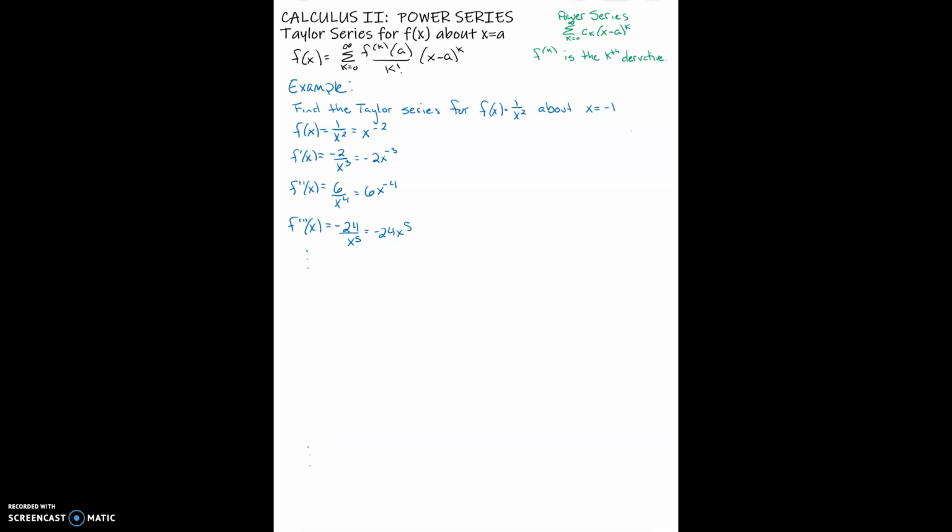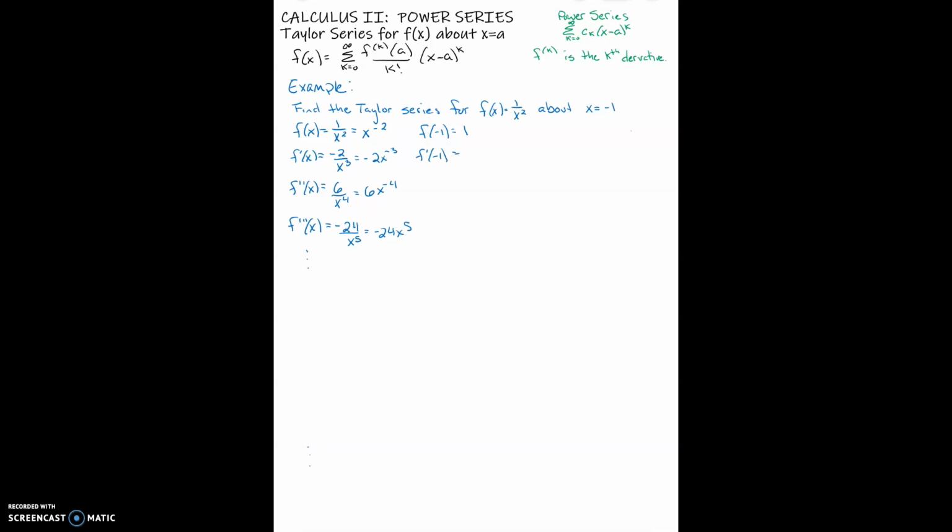Now the next thing we want to do, so that's giving us the pattern for the kth derivative, but now we also have to evaluate that at a. So we want f at -1. So replace x with -1 and we get 1. Evaluate the first derivative at -1.